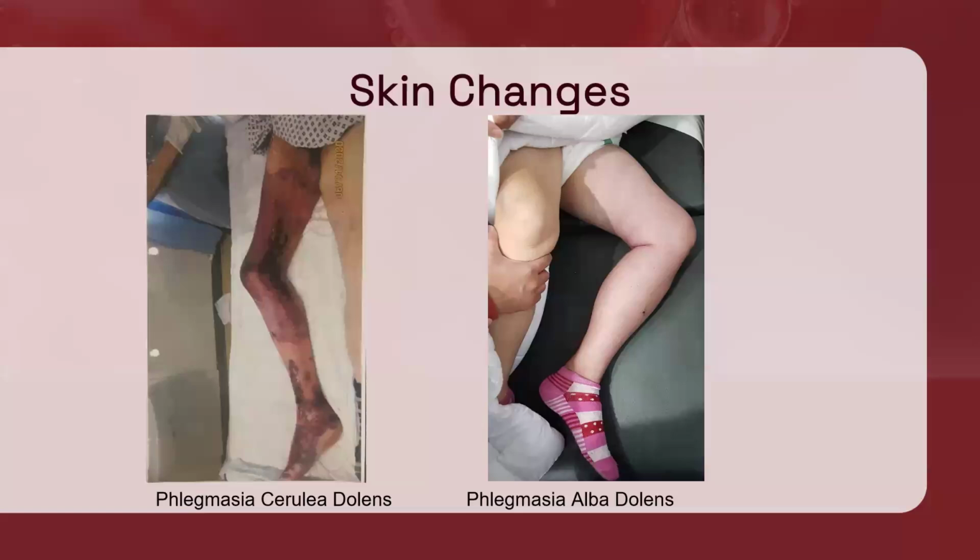About 50% of these are due to the phlegmatia alba dolens itself. The leg will be very painful, swollen, and frequently it will be covered with petechial hemorrhage, which we see over here. And then, if not treated, they will progress to venous gangrene.